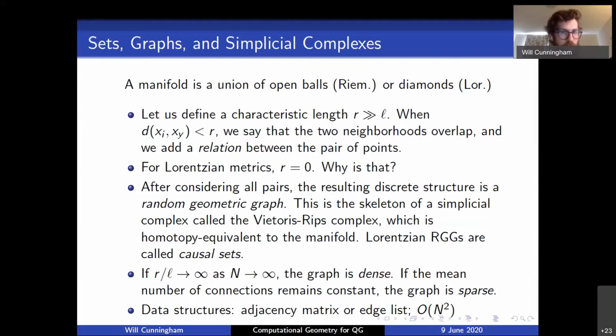So for Lorentzian metrics in particular, this characteristic scale is just 0. Now, this seems a little bit odd at first until we look at what the metric is telling us. For Lorentzian metrics, we have one negative eigenvalue. And what that means is that you end up with this preferred direction, which we call the time direction.